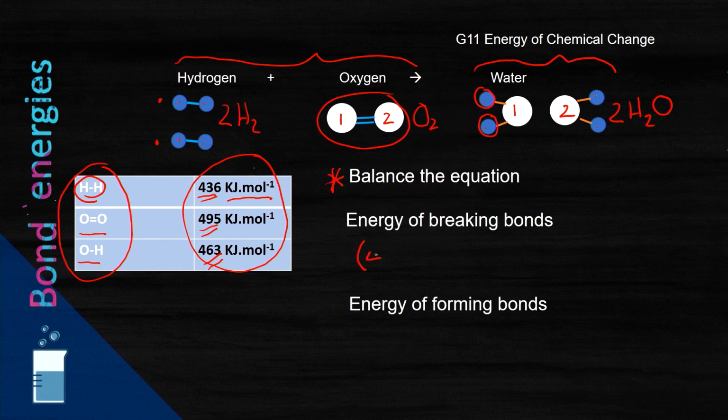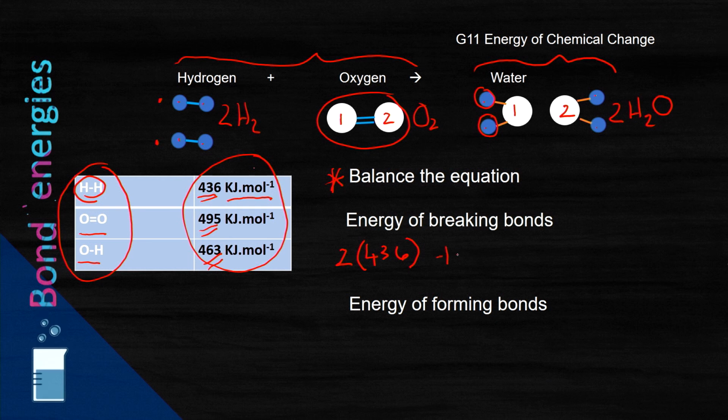It's 436. That is the amount of energy it's going to take to break one hydrogen-hydrogen bond. How many do I have? I have 2, so I have to multiply that by 2. So I have to do it in the ratio of the reactants.